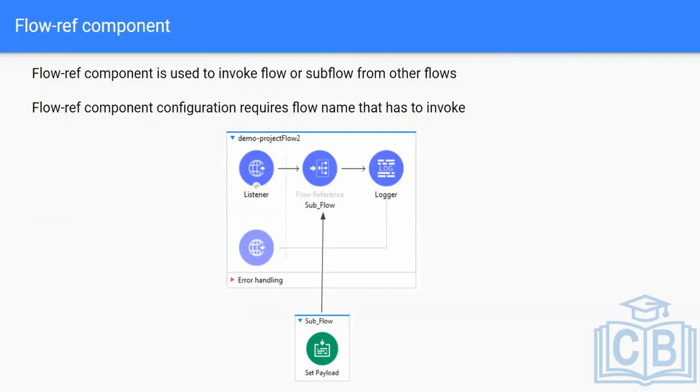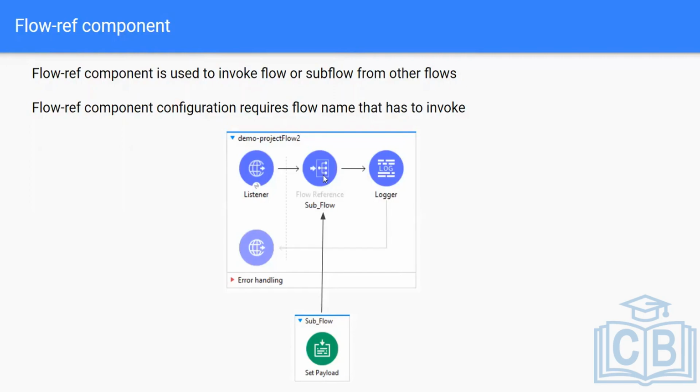See here. What happens is if you use the flow reference referring to a subflow and whatever component is inside the subflow. Now, in this scenario, there is only one component, the set payload component, but probably it may have multiple components also. All these components will come and replace the flow reference.